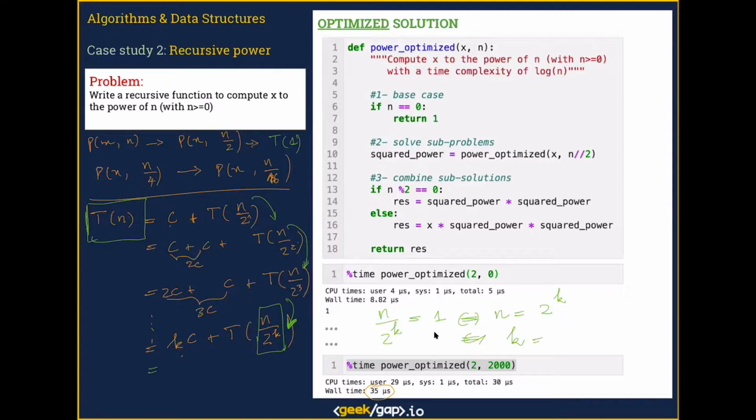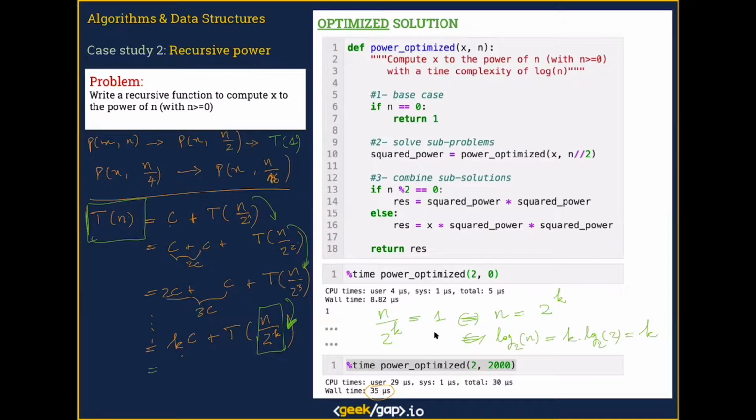we can say, if I put the logarithm on both sides, log 2 of n equals k log 2 of 2, which is k, right? Do you follow? Yeah.